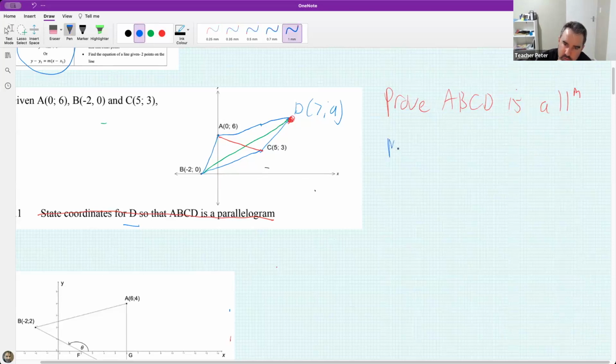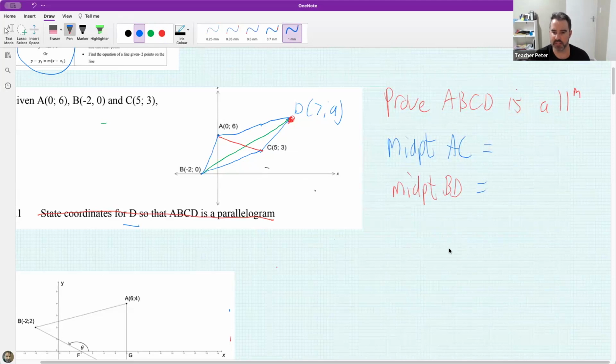Okay, so step one, find the midpoint of AC, then find the midpoint of BD. And just say done in the chat when you're done. Then I know.